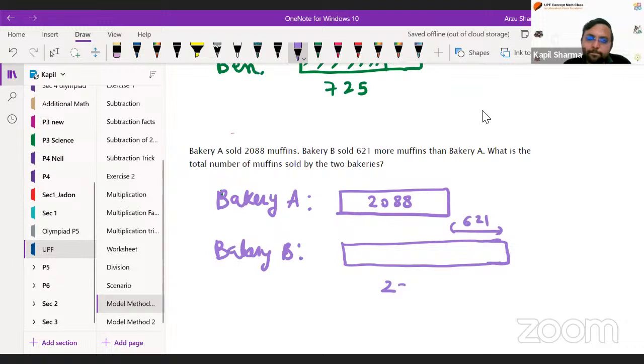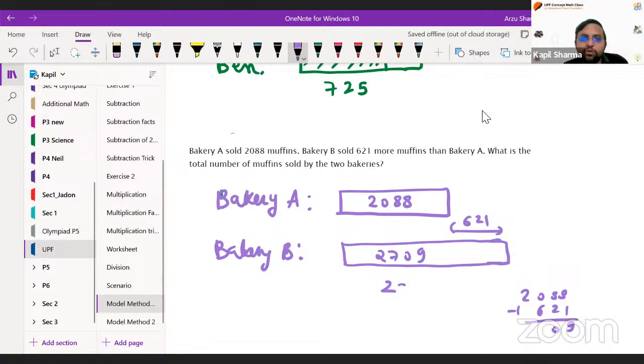So the total would be, yes, guys. Yeah, so bakery B, 2088 plus 621, that is 2709.